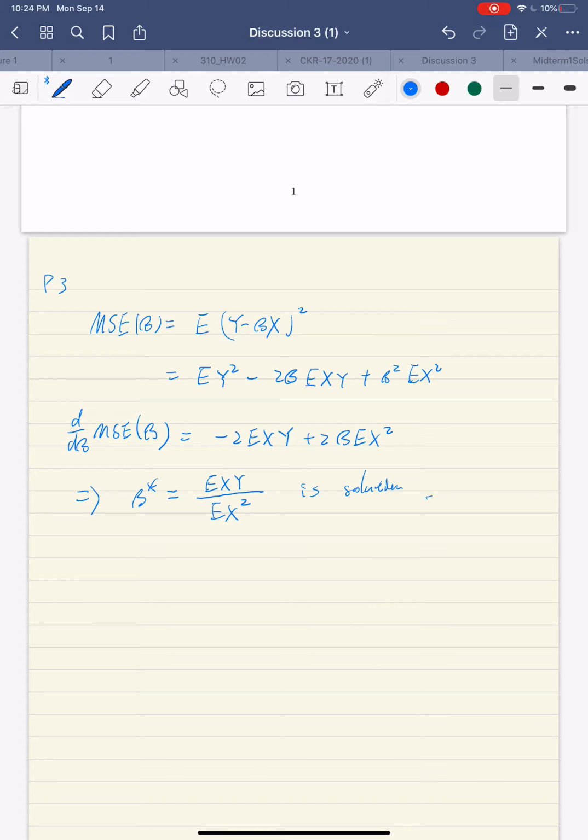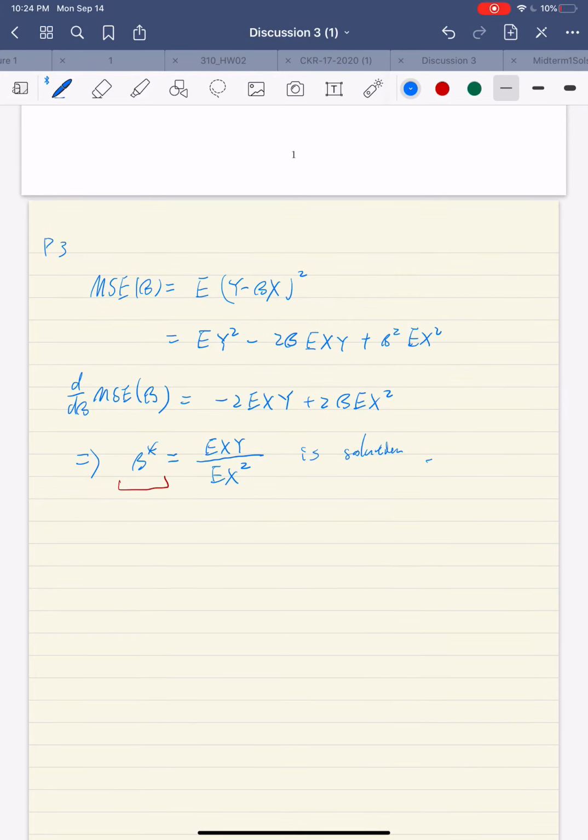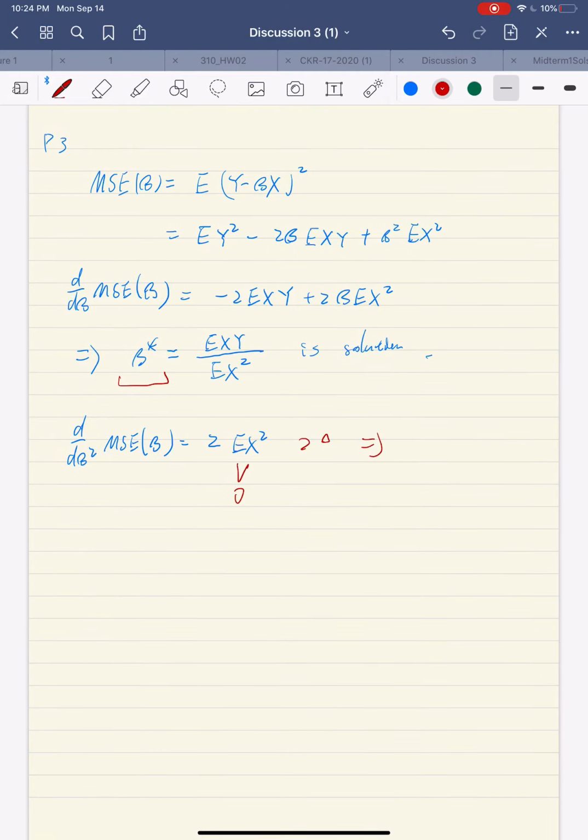Okay. But we have to check whether this one is the local minimum. So we have to take the second derivative. The second derivative of this function becomes 2 times the second moment of x. And we know that this one is always positive. So that means the mean square error function is convex.